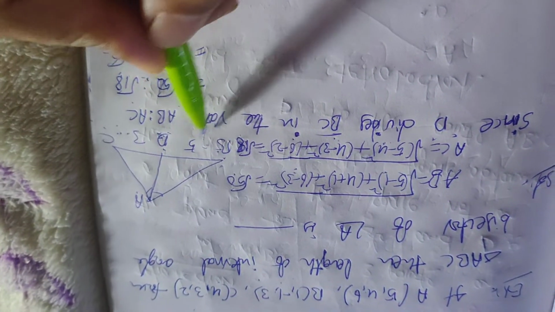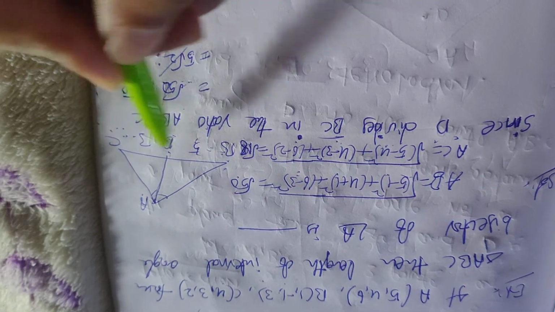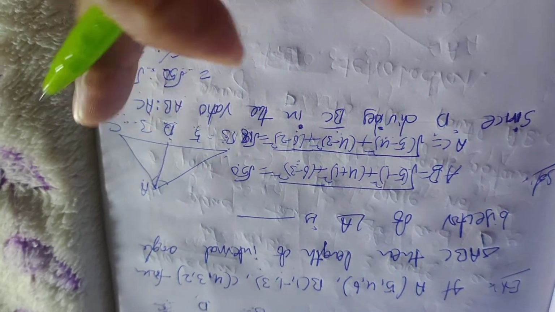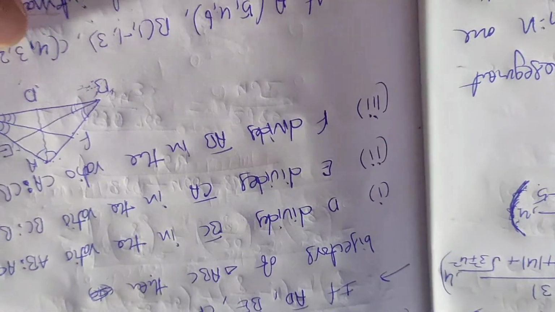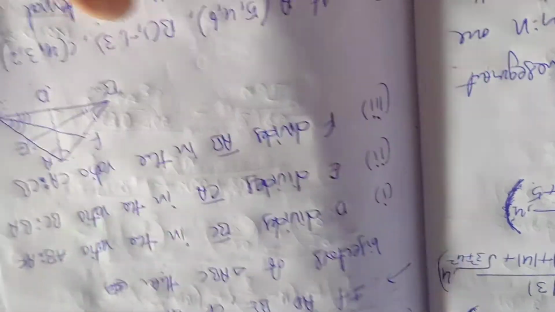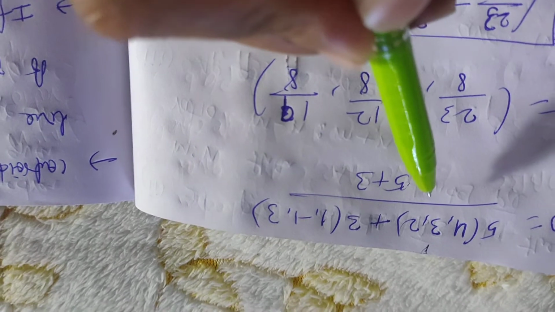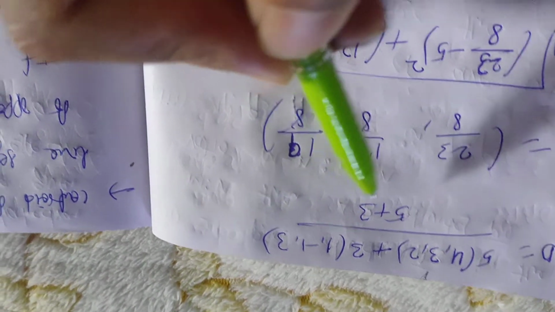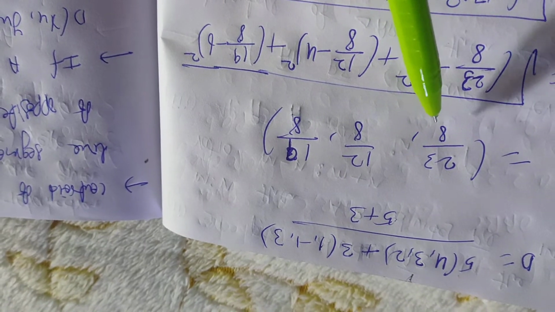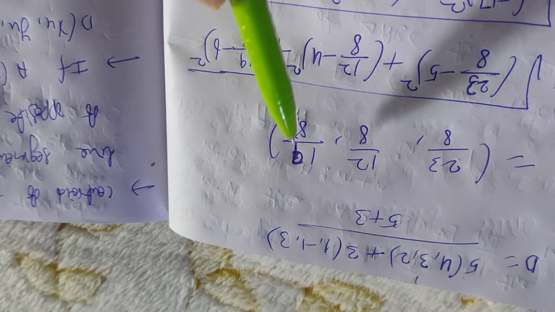So now D is equal to (5C plus 3B) by (5 plus 3). Here C is (4, 3, 2) and B is (1, -1, 3). So based on that, 5 into (4, 3, 2) plus 3 into (1, -1, 3) by 5 plus 3, that is equal to (23 by 8, 12 by 8, 19 by 8).